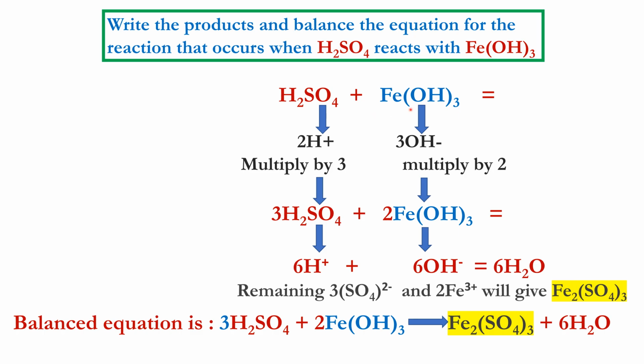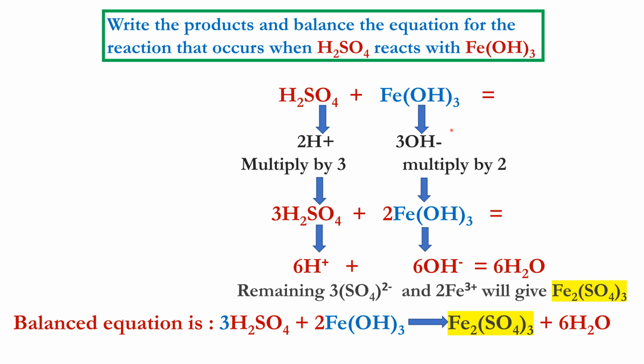Whenever you are asked to balance any neutralization equation, the first thing you do is count the number of hydrogen ions and the number of OH ions. If they are not balanced, you add the required coefficients to the reactants to make the number of hydrogen ions equal to the number of OH ions.